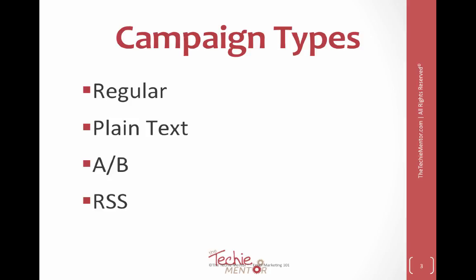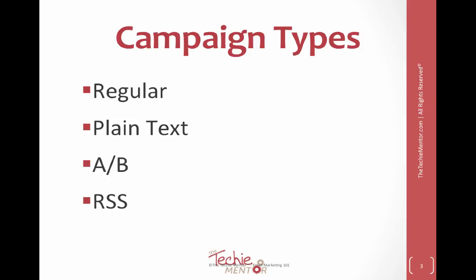Regular is going to be what you want to use. Now you can create a campaign from scratch, but you can also use the existing templates that you've created in the last sessions. Plain text is just that, no formatting, none, zilch, zero. Okay, it's basically a text-based message.